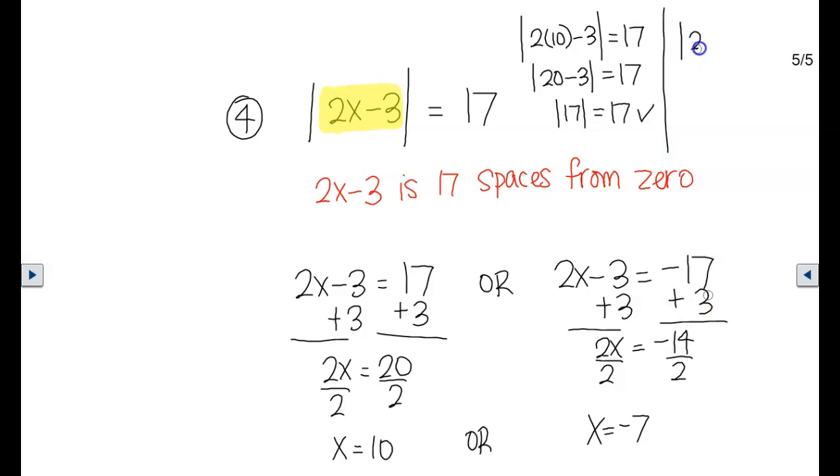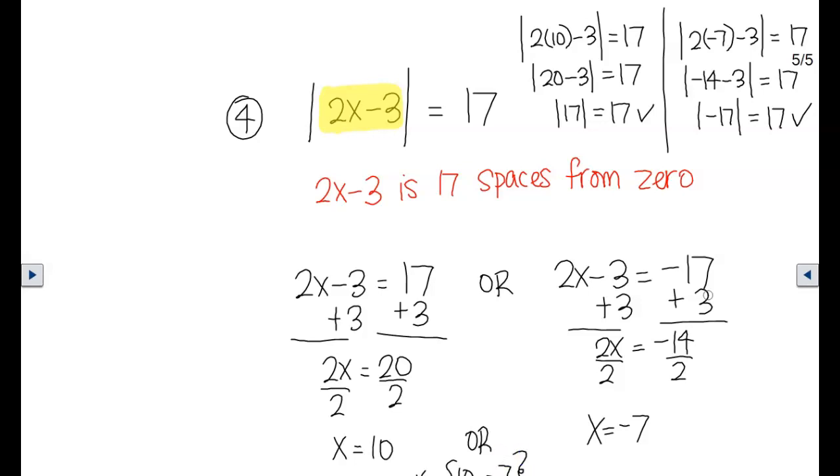So we'll do the absolute value of 2 times negative 7 minus 3 is equal to 17. I'm going to work in my group first. 2 times negative 7 is negative 14. Negative 14 minus 3 is negative 17. The absolute value of negative 17 is 17, checks. So my solution set for this problem, x is 10 or negative 7.